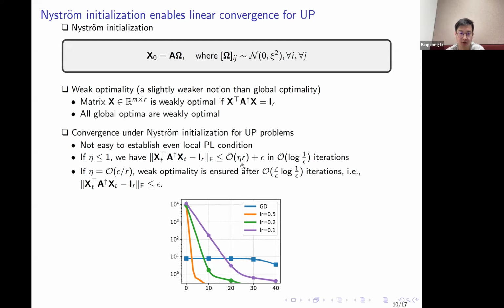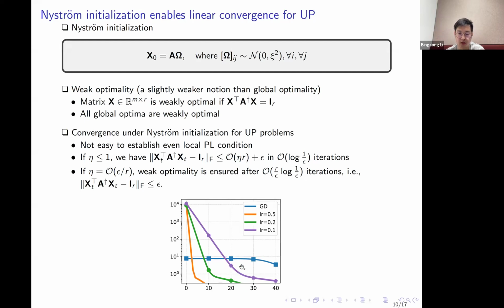The neighborhood has a radius scaled with eta, the learning rate, and r, the parameterization. However, if I'm using a small enough learning rate, let's say scaling with 1 over t, I can get a sublinear rate. But in this case, I can converge to exactly some weak optimal points.